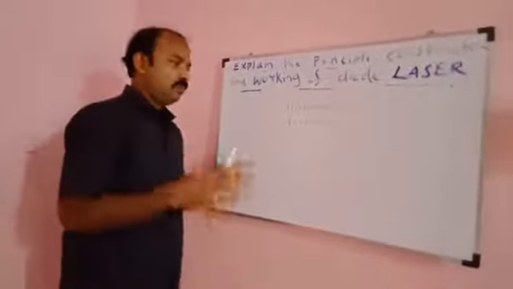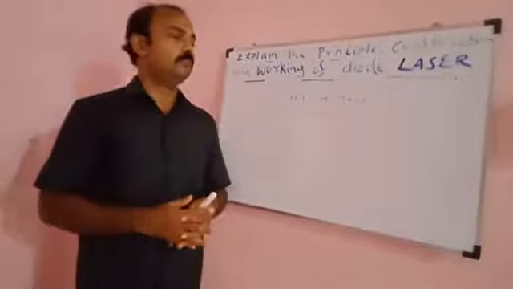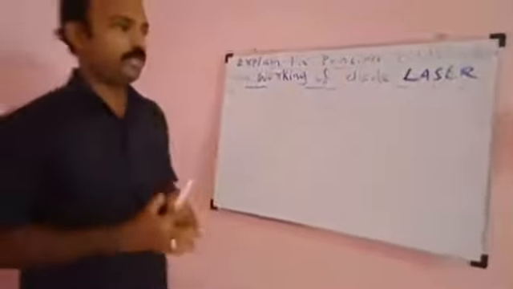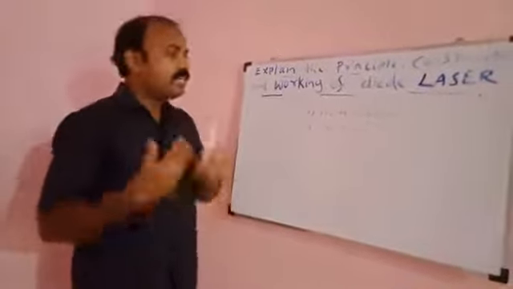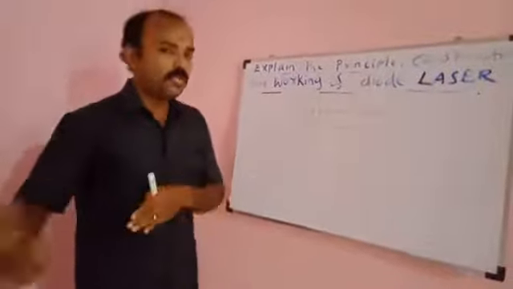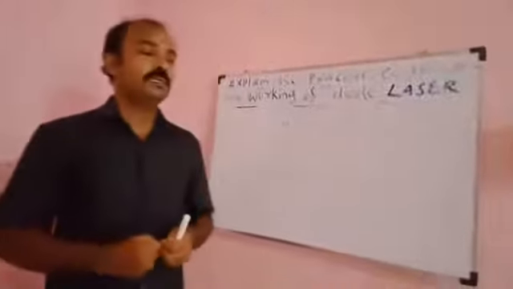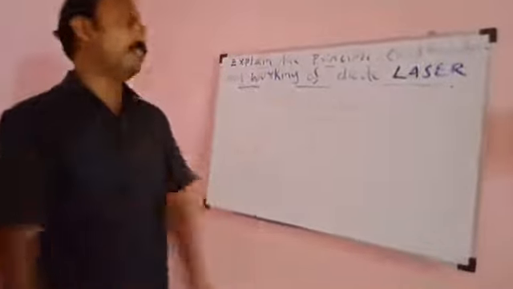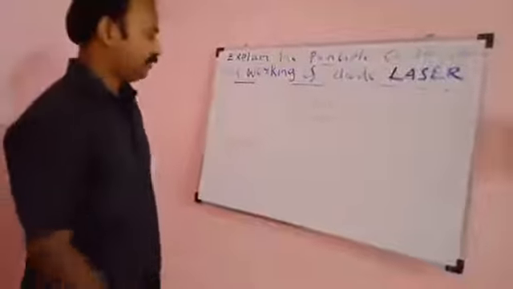So the ordinary principle is that recombination takes place between the p-type and n-type semiconductor through the depletion layer. As a result of recombination, light comes out. The light is of extremely high intensity, monochromatic, and does not diverge at all. That type of light we name laser.